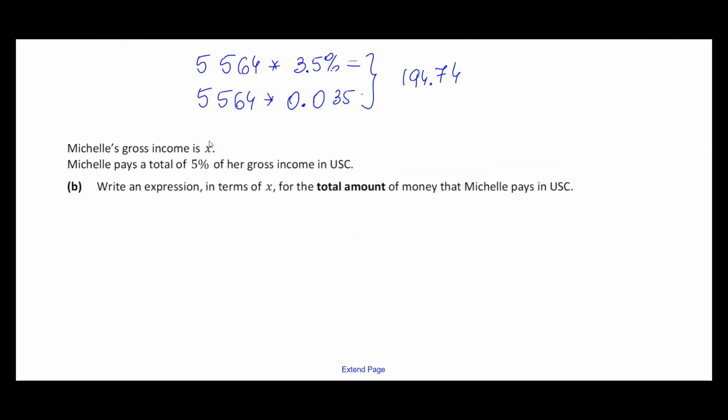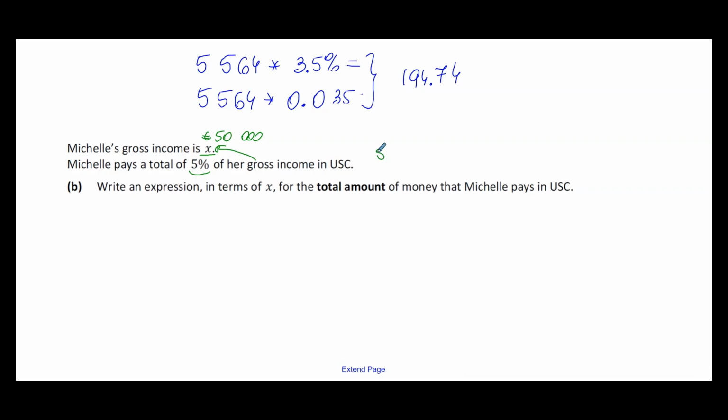Michelle's gross income is x. We are not told how much. Let's say she is on a really good wage, maybe she's earning 50,000. We don't know how much. And then they are saying that she pays a total of 5% of her gross income, so of her x, in USC.